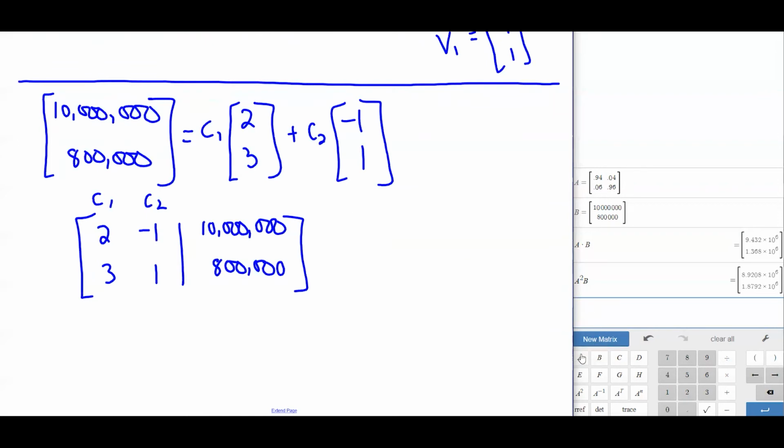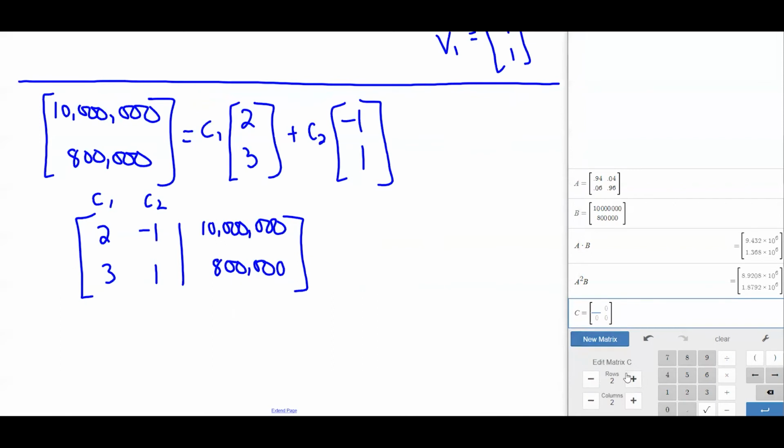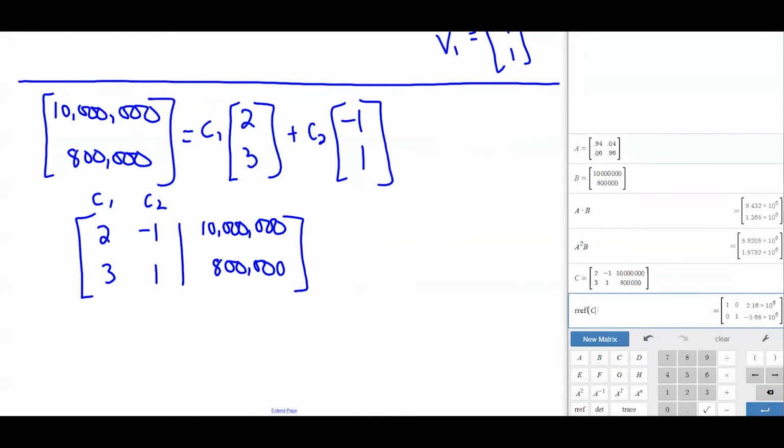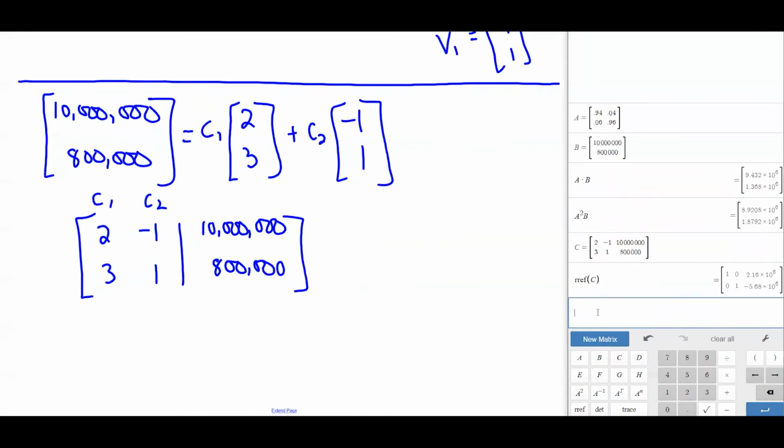All right, so let's make a new matrix here. 2, negative 1, 10,000,031,800,000. I'm going to row reduce that, and I get these two solutions.